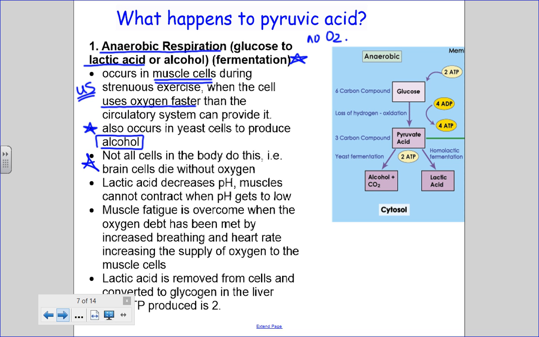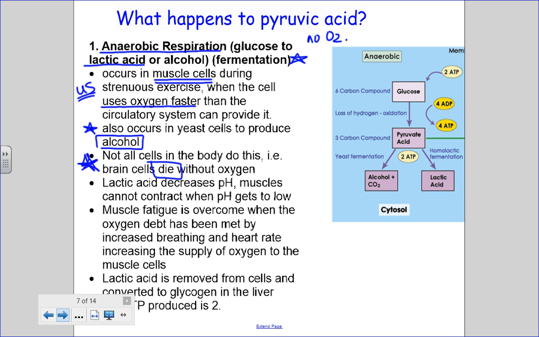Now here's an interesting point. Not all of your cells can do this. For example, your brain dies without oxygen. Your brain cannot function without oxygen. Side note, your brain can't function without glucose either, so please do not do a no-carb diet. You will die.